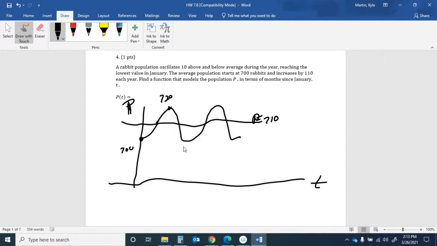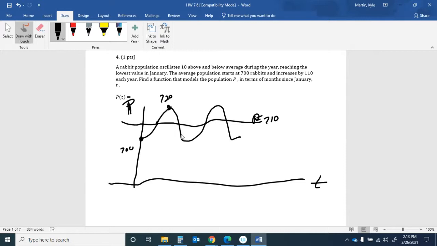All right, so how are we going to figure out what the period is though? We need to unpack this a little bit more. A rabbit population oscillates 10 above and 10 below during the year. We're going to assume they mean it just oscillates once. It peaks and then comes back down because of cold and starvation and predators or whatever.